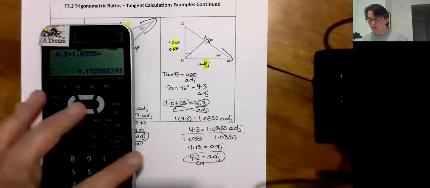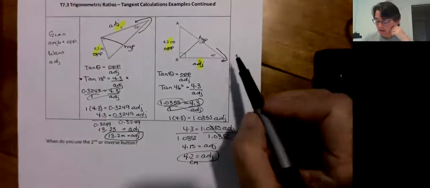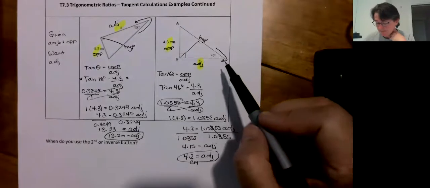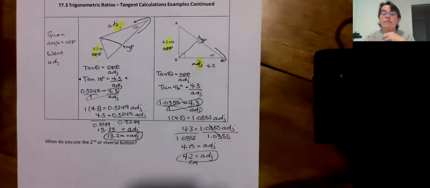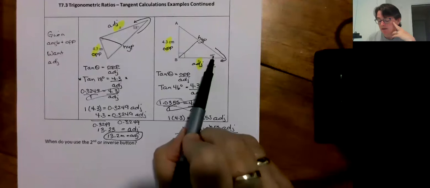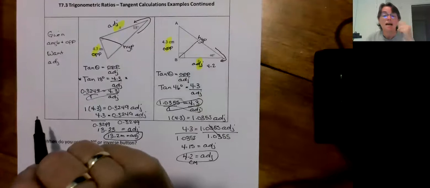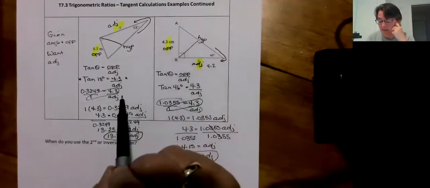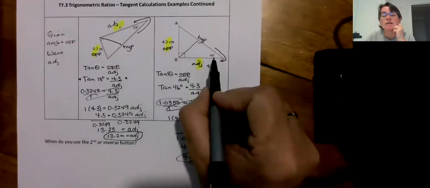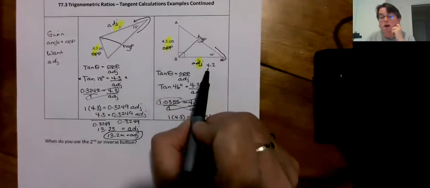This one's actually cool. I can tell you a little bit extra about the question. This answer seems quite reasonable. Here's a tip. If you have a triangle that's 45 here and 45 here, that would make it isosceles, right? That would mean if this angle and this angle are the same, then these two sides are the same. So when I saw this was 46, I knew that these two should almost be the same side.